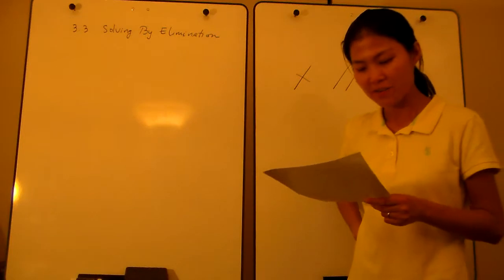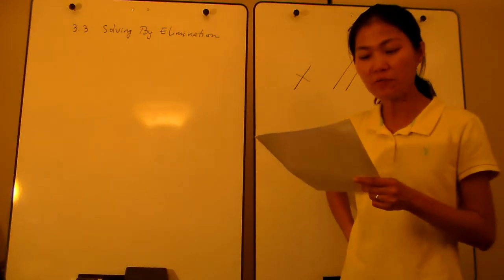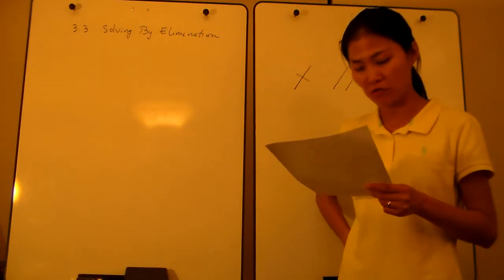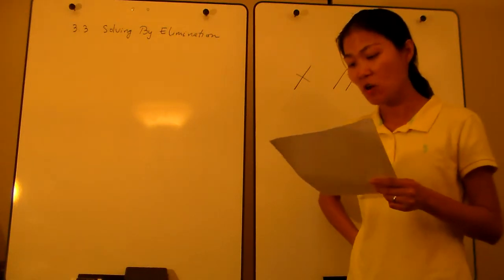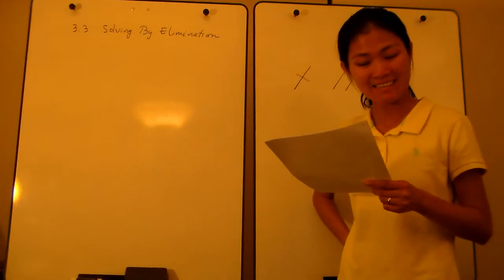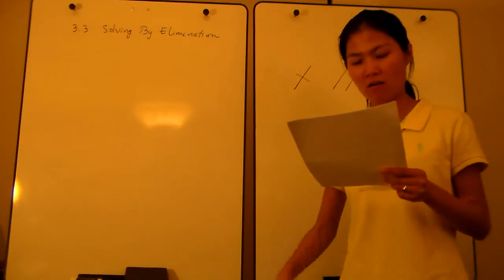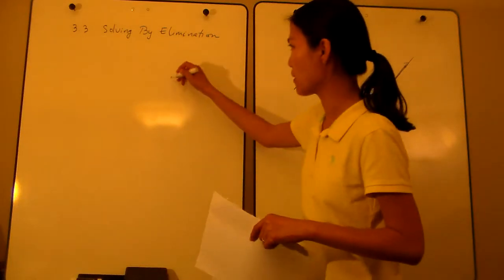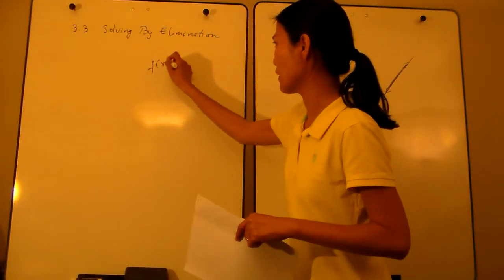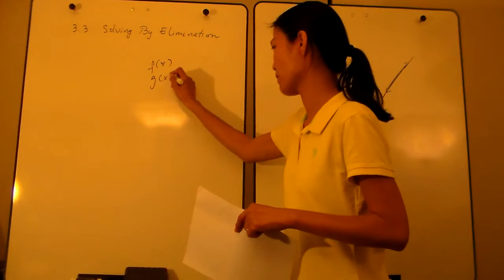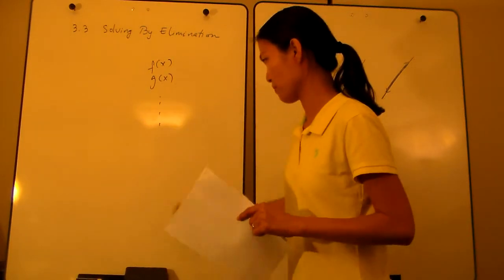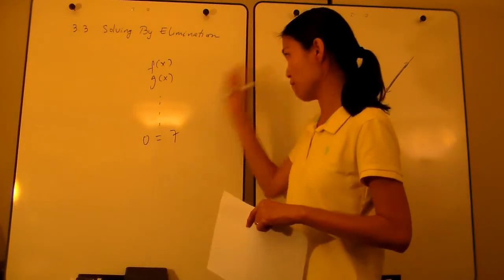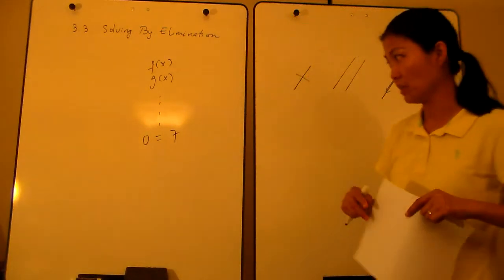When solving a system of two linear equations in two variables, if a false equation is obtained such as 0 equals 7, then the system has no solution. The system is inconsistent and the equations are independent. So if you're given a system of two equations, f of x and g of x, and you solve and get 0 equals 7, all the variables have been eliminated.